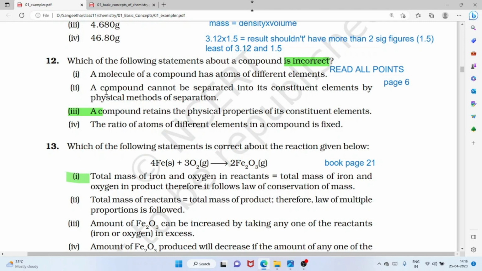No, it cannot; only by chemical methods can you separate. So this is also correct. They are asking what is not correct. A compound retains the physical properties of its constituent atoms. Okay, this is incorrect. The ratio of the atoms of the different elements in a compound is fixed. Okay, this is correct. The compound properties are given on page number 6.